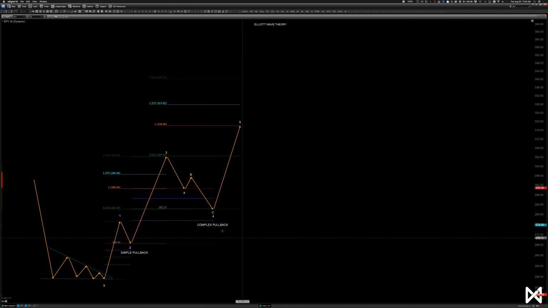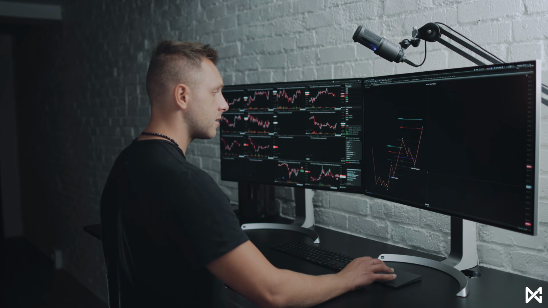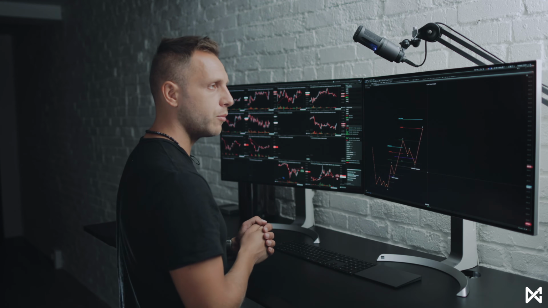As we discussed in the previous lesson, they can be switched. Sometimes wave 2 is a complex pullback with this ABC pattern, and then wave 4 will be a simple pullback. That's typically how it works, and we discussed it in the previous lessons. So that's it for now. We'll come back to this drawing in a second, but let me show you some examples first.